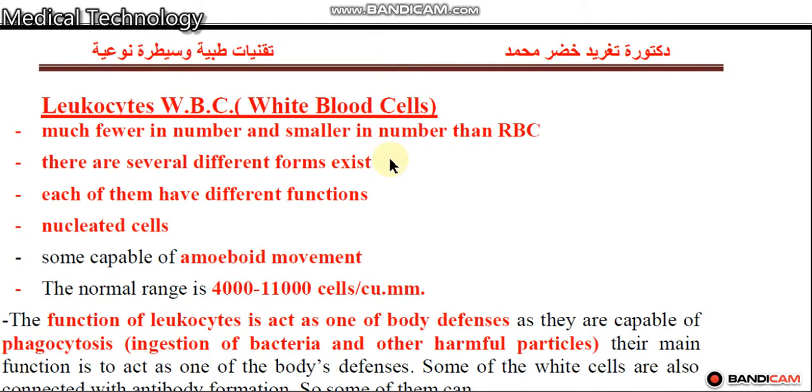Now we can explain what are the types of leukocytes and what are the main functions of white BC in a human, of course. Other question: compare between white blood cells and RBCs.